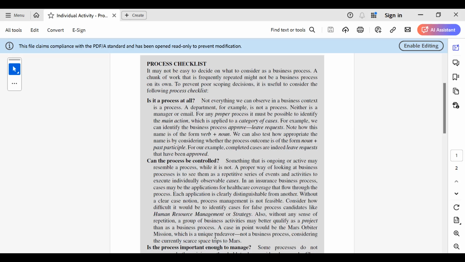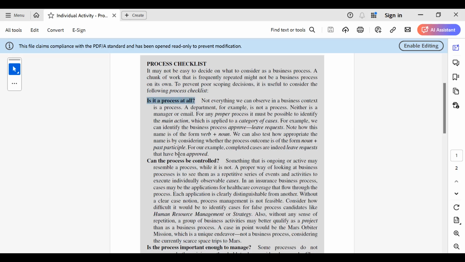Okay, so I think the time is more than enough to read this one. Prabodha, were you able to read this one out? Prabodha, can you hear me? Yes, I can hear you. Okay, so did you read this one out? Yes. Okay, so can you just explain based on your understanding? The first one, is it a process at all?